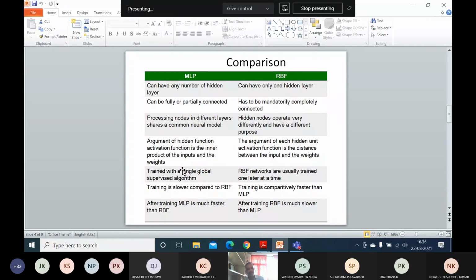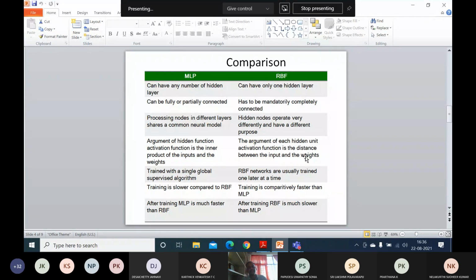But here, the argument of each hidden unit activation function is e to the power of the Euclidean distance. We are calculating the exponential of the Euclidean distance at the hidden units. That's why there is a difference between MLP and RBF.